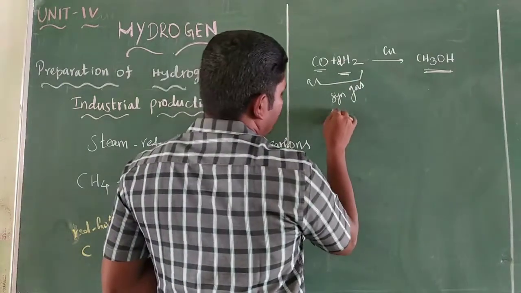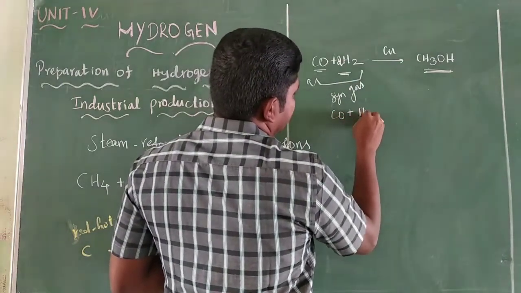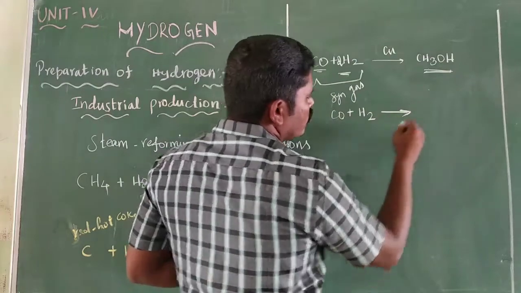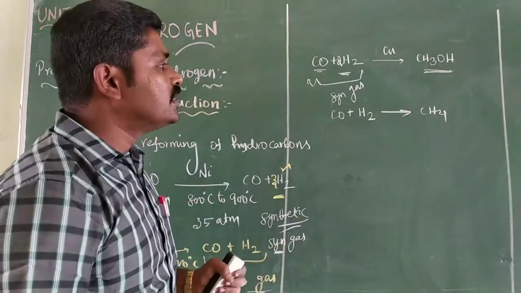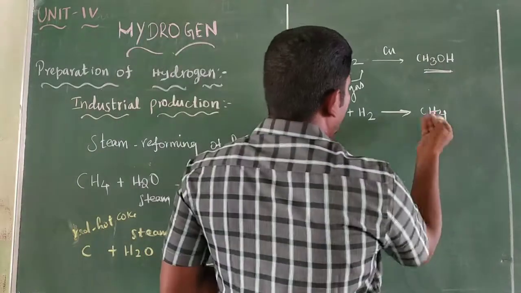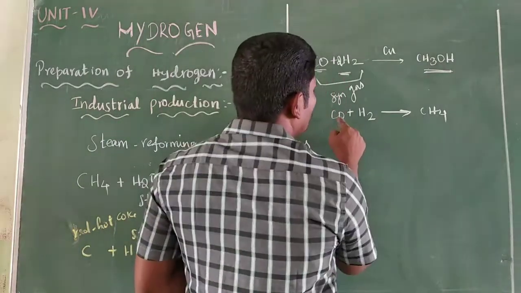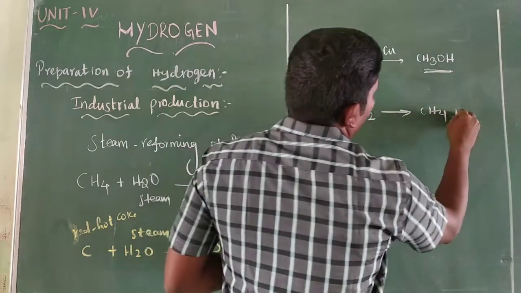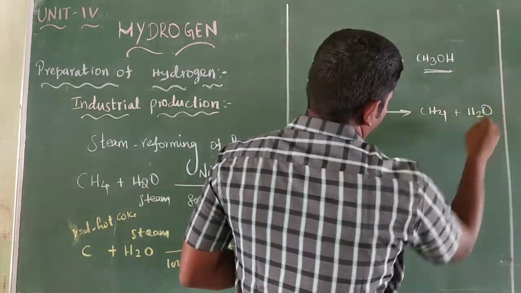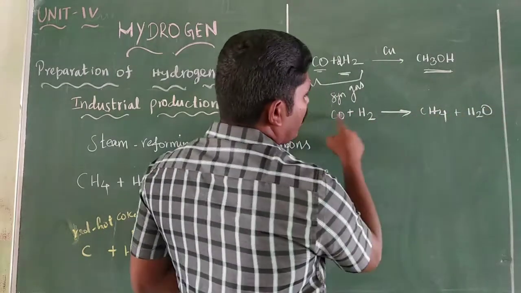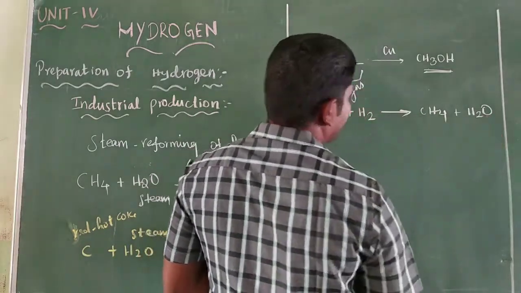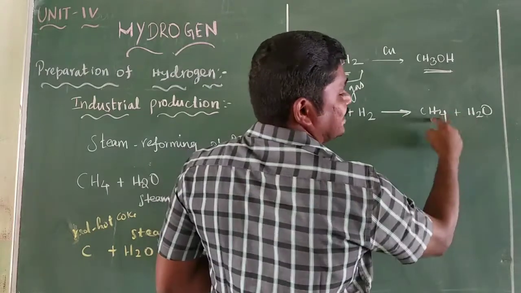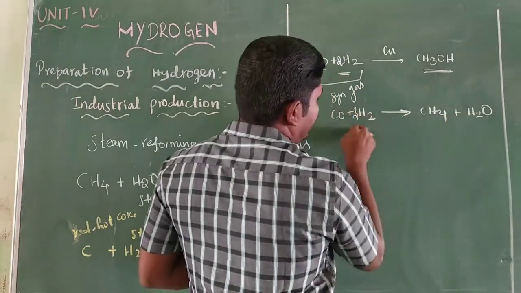In another example, carbon monoxide reacts with hydrogen to give the simple hydrocarbon methane and water, H2O. So 1 carbon, 1 oxygen, and hydrogen on the product side 6 hydrogen, so 3H2.